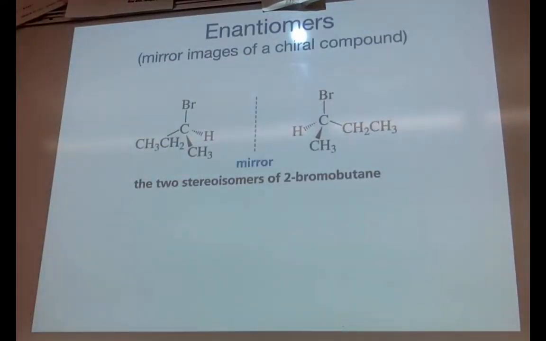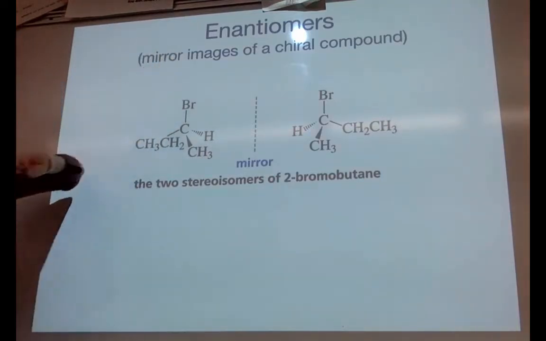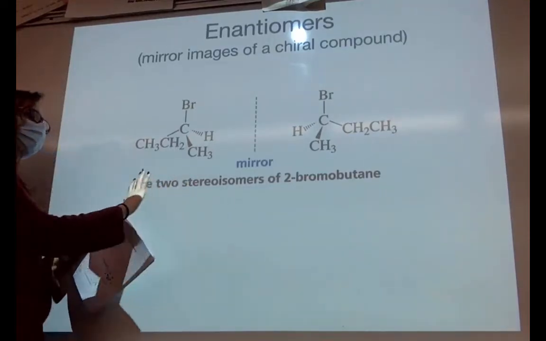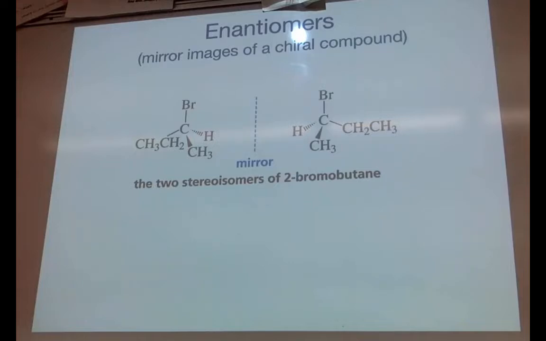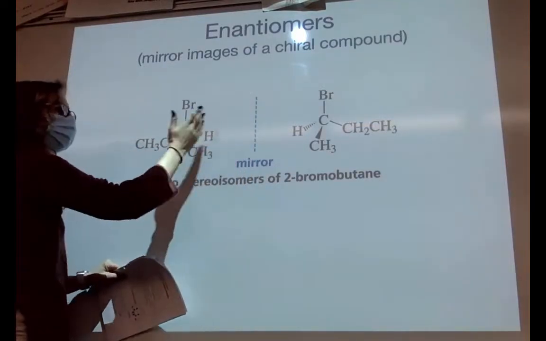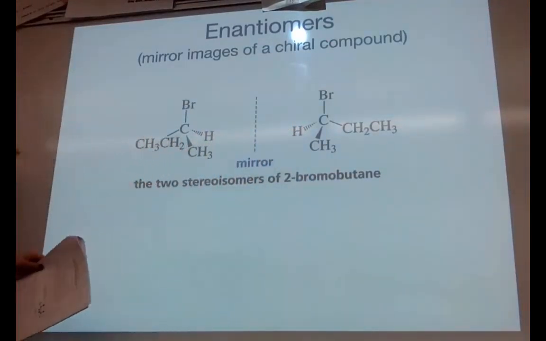Looking at enantiomers a little bit more, the definition of an enantiomer is that it's a mirror image of a chiral compound. Shown right here are two stereoisomers of 2-bromobutane. For a mirror image, you're just taking everything you see and drawing the reflection.